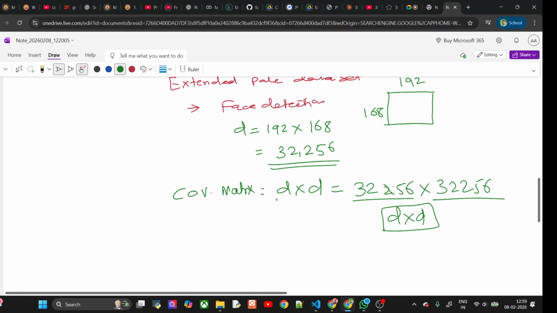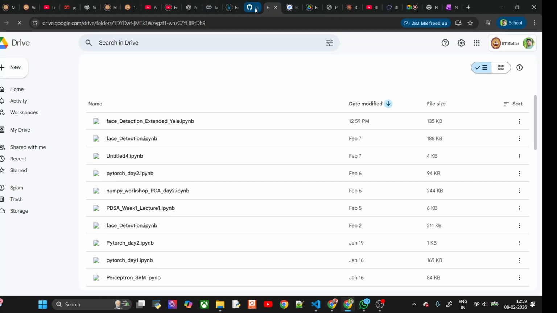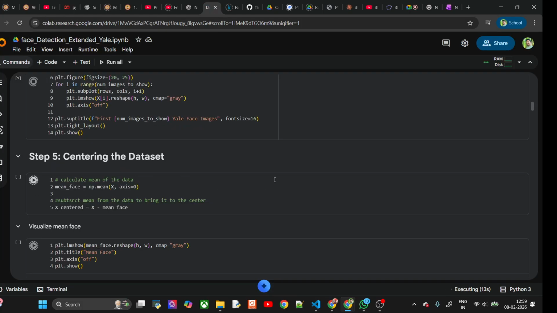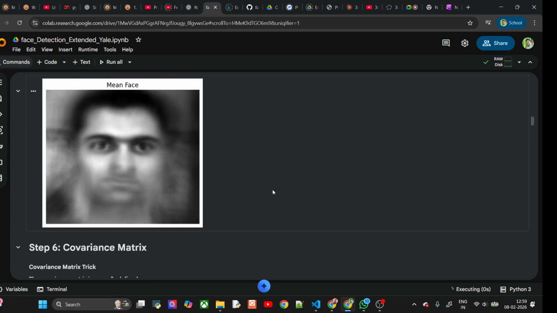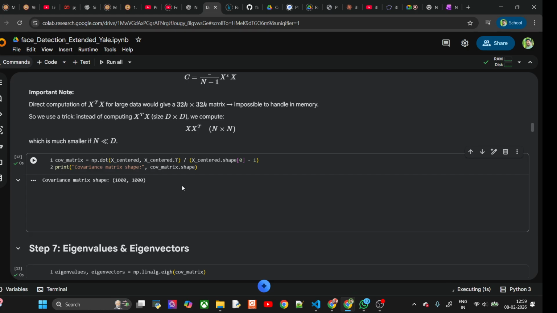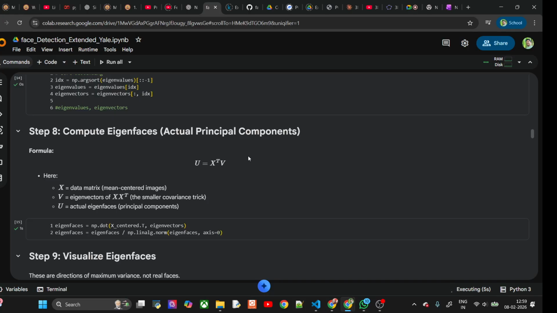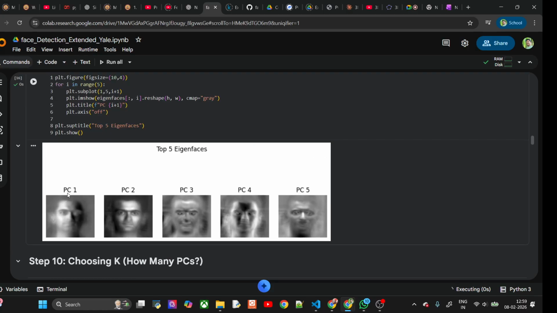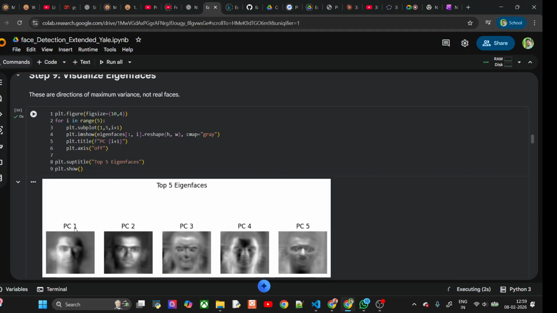Let me show first here. These are 5 faces, this is the eigenface, now this is the covariance matrix and eigenvalues. This is principal component 1, and once I get principal components 1 2 3 4 5, these are the principal components.